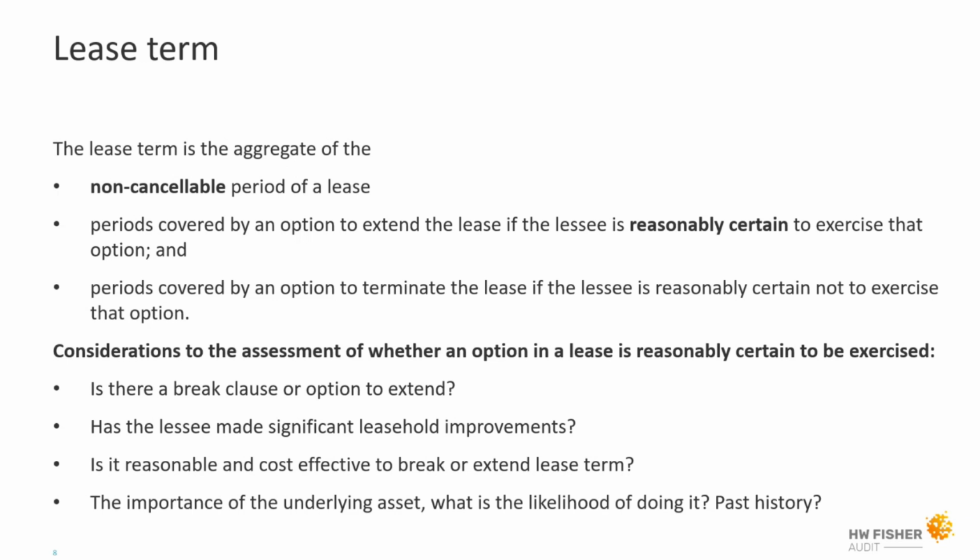Now, when we're looking at our leases going into this, there are periods covered by an option to extend the lease. So potentially, for that 10-year lease with a 5-year break clause, that second 5 years is reasonably certain to be exercised. Now, reasonably certain is potentially a little bit vague, which comes back to the idea that there is going to be quite a lot of judgment around some of these lease treatments.